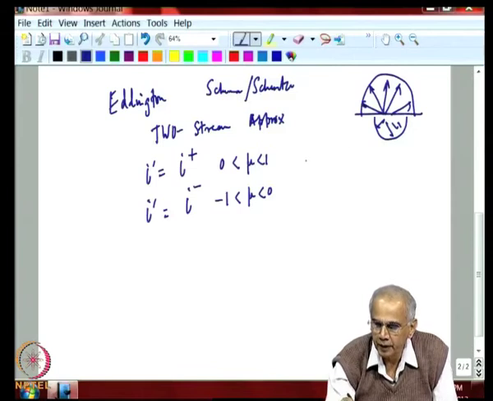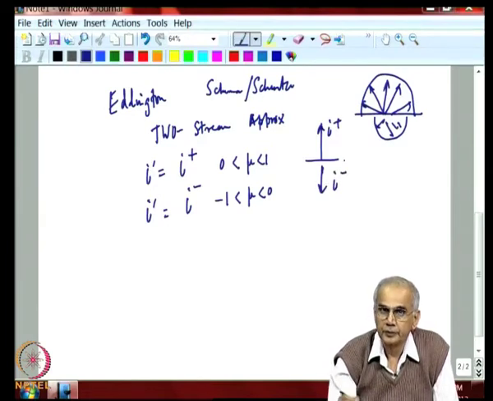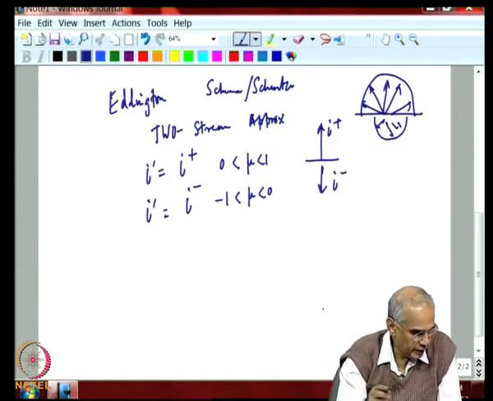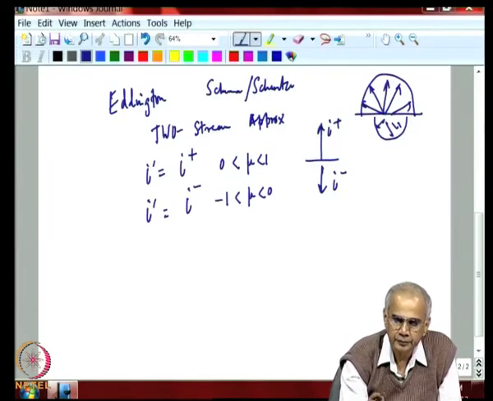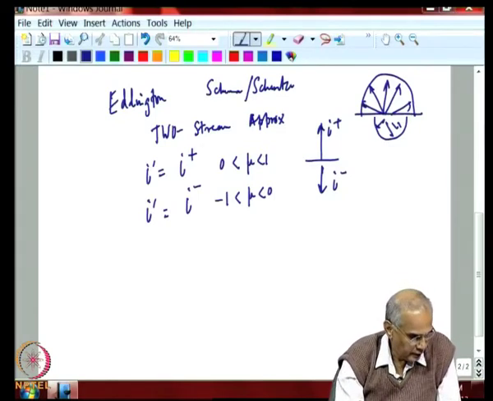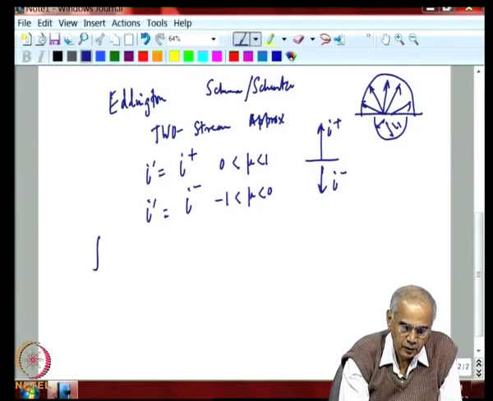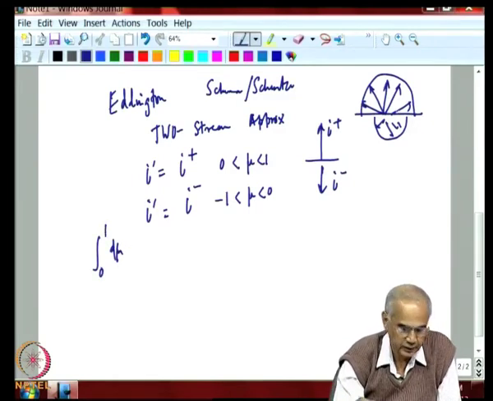So, replacing this by a single number I plus and this by a single number I minus after integration. Okay. Let us do the integration. So, we take this equation from the last section, integrate first 0 to 1 d mu in the upward direction. When you do that, you will get the following result.